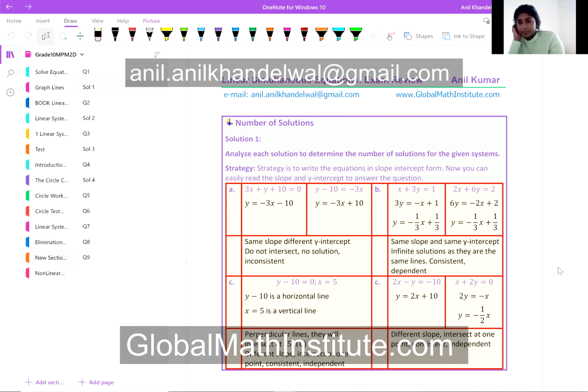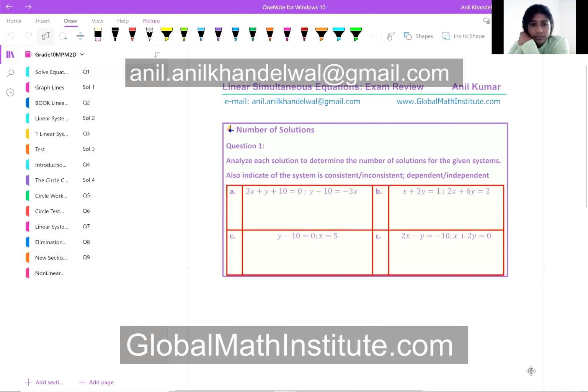Can you please read the question for me? Analyze each solution to determine the number of solutions for the given systems. Also indicate for the system whether it's consistent, inconsistent, dependent, or independent.